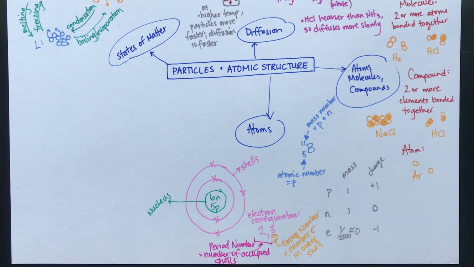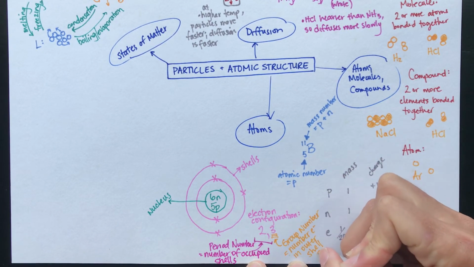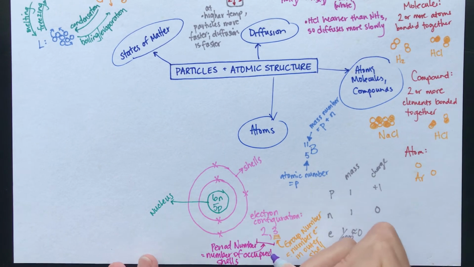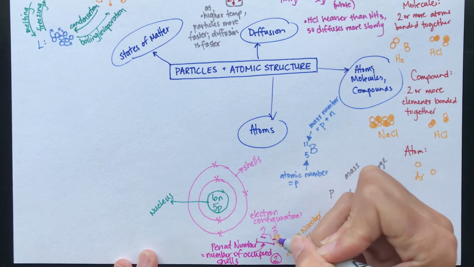Okay. So for this element, just to recap, the group number would be 3 because there are 3 electrons in the outer shell, and the period number would be 2 because there are 2 shells. 1, 2.